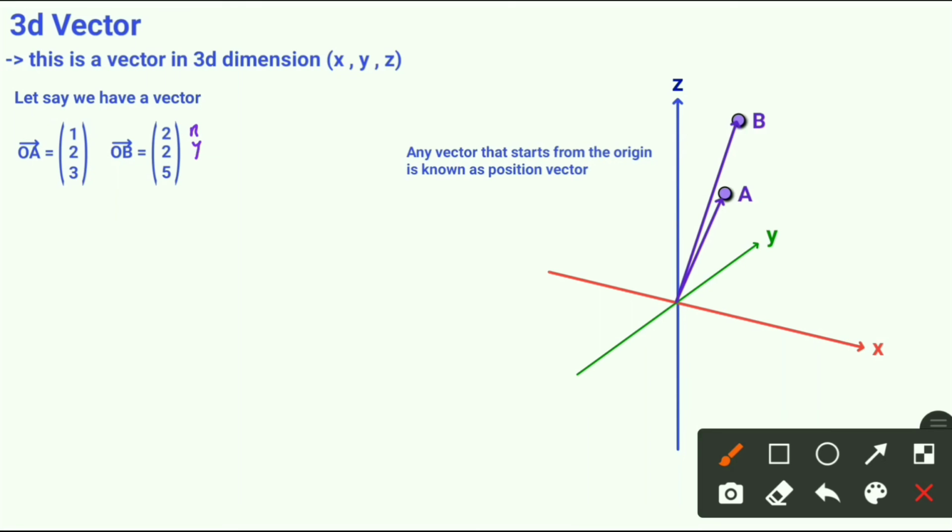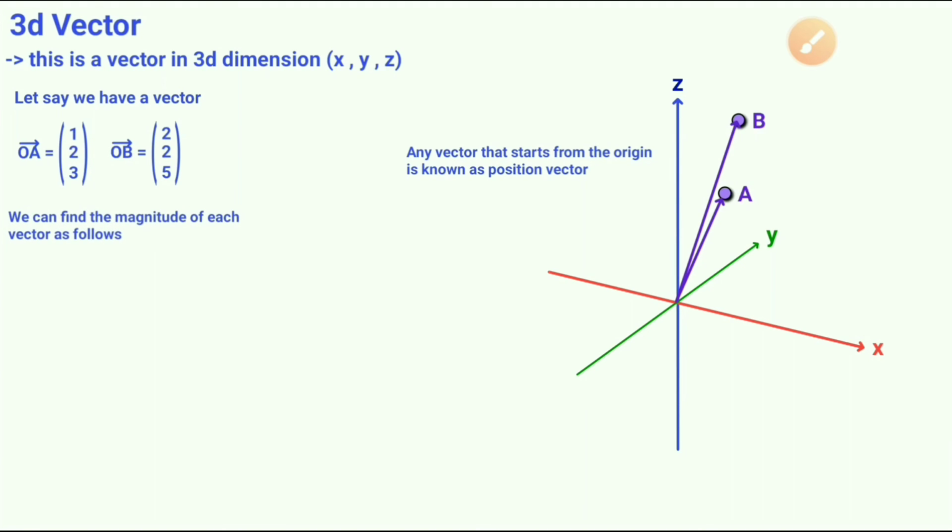Okay, and as for OB, it went 2 units in the x-axis, then 2 units on the y-axis, and then 5 units on the z-axis. And so we got OB as (2, 2, 5). Any vector that starts from the origin is known as a position vector because it is starting from the origin.